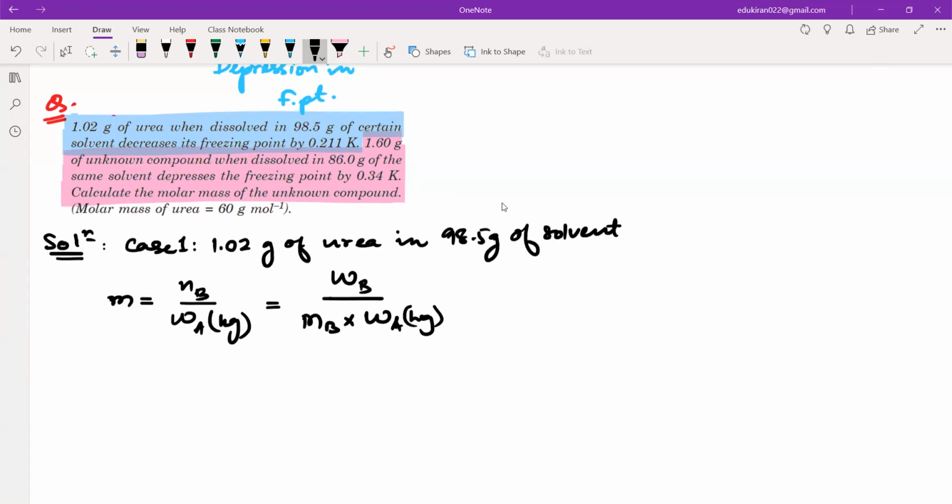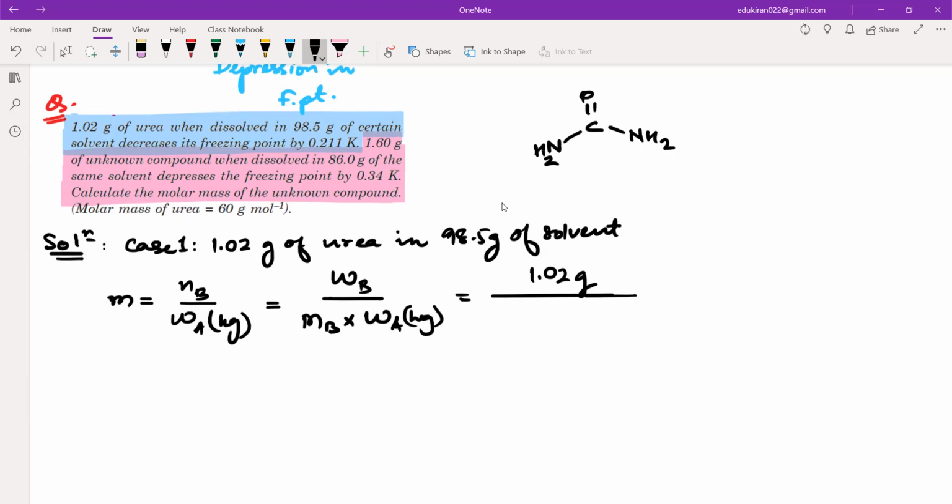चलिए बताइए, what is WB? What is the given mass of urea? What is the mass of urea that is added in the solution? 1.02 grams. What is the molar mass of urea given here? 60 grams. हाँ 60 ग्राम ऐसे होता है यूरिया.